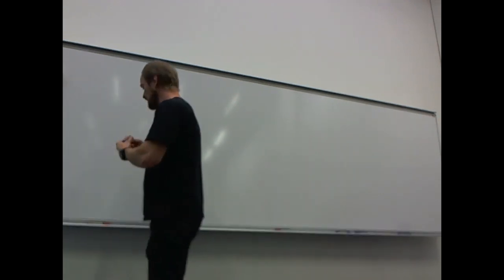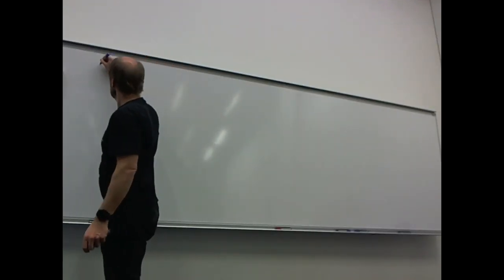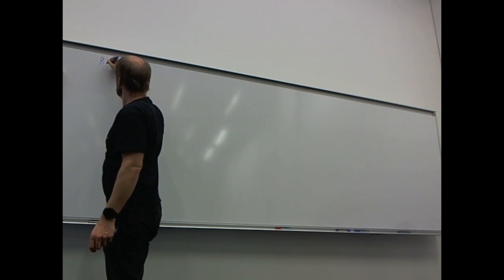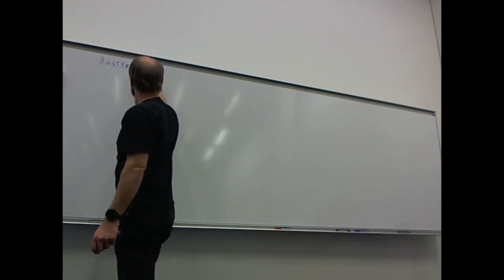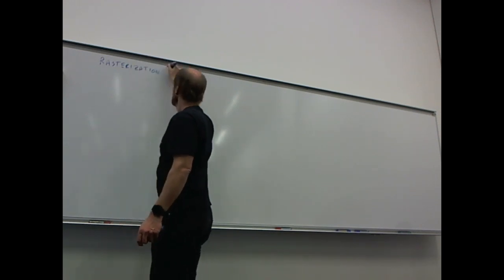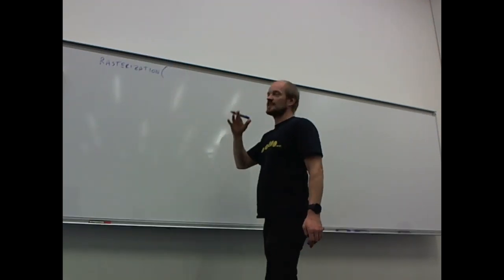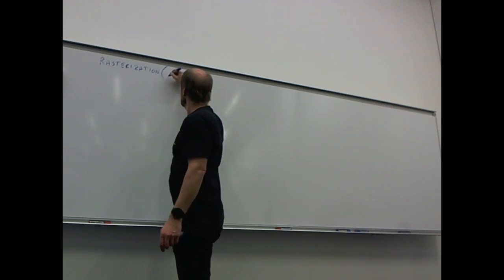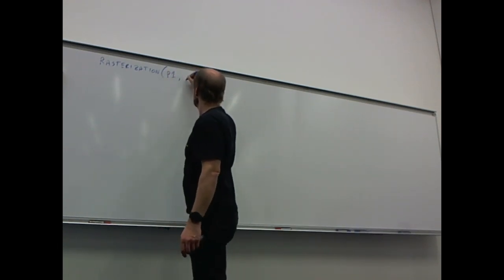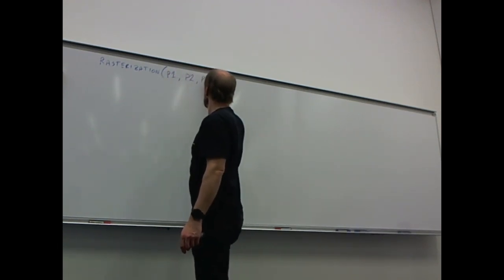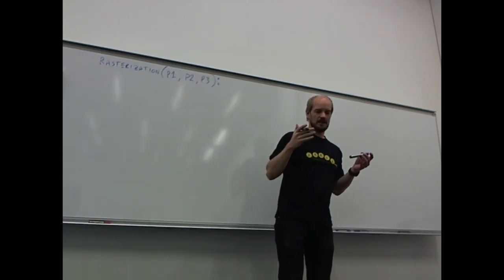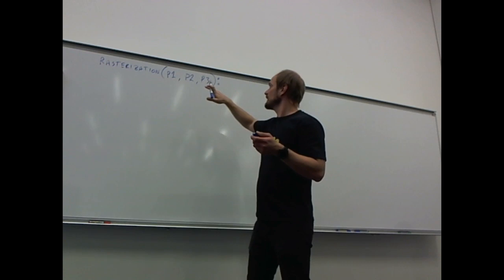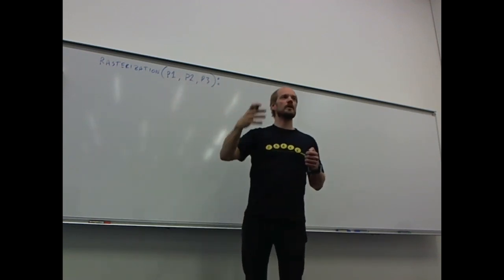Okay, so our rasterization algorithm. We're imagining that this rasterization takes in some points P1, P2, and P3, which are points in a triangle that we're rendering onto the screen.